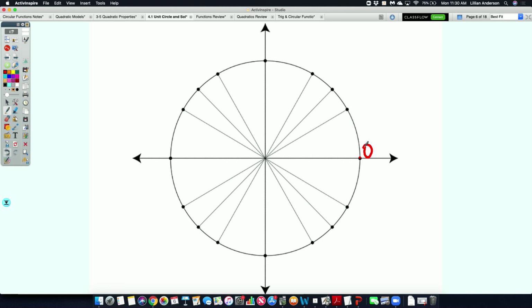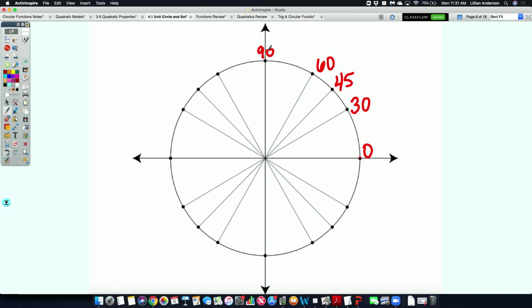Your next smallest acute angle would be what? Say again. 30, followed by 45, 60, and then of course, if your terminal side was on the positive y-axis, that would be how many degrees? 90 degrees. Very good. And the other angles along your unit circle correspond in the same type of fashion.